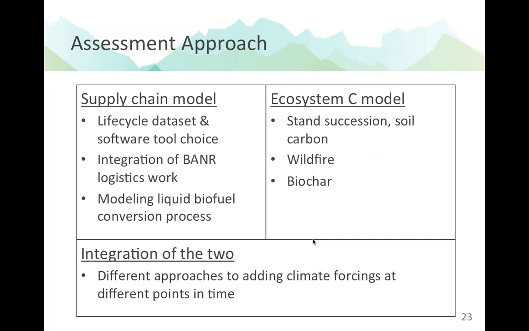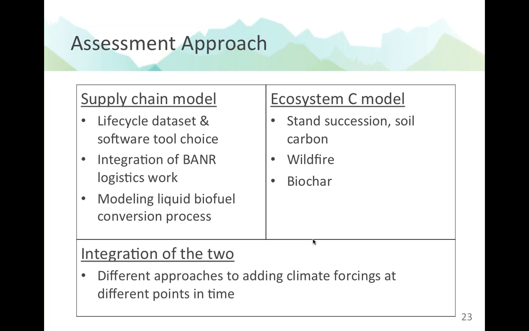On the next one, we tend to divide the problem into these three different pieces. We're going to look at the supply chain, we're going to look at the ecosystem, and we're going to integrate those two pieces. So you can think about it going back to the 3 E's. We're going to get the engineering view in that first box. We're going to look at the logistics associated with harvesting this material, taking it out of the woods, putting it into a bioenergy supply chain.